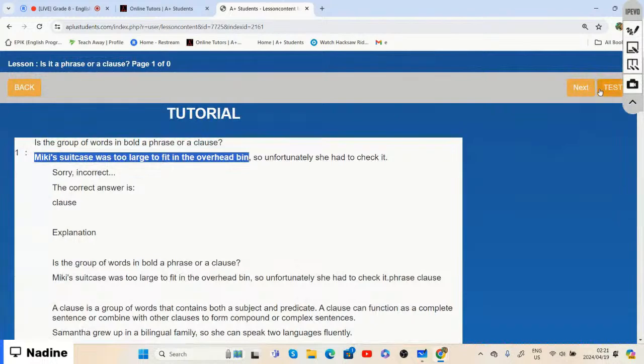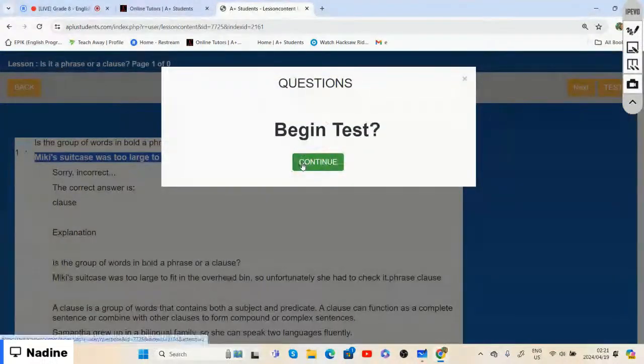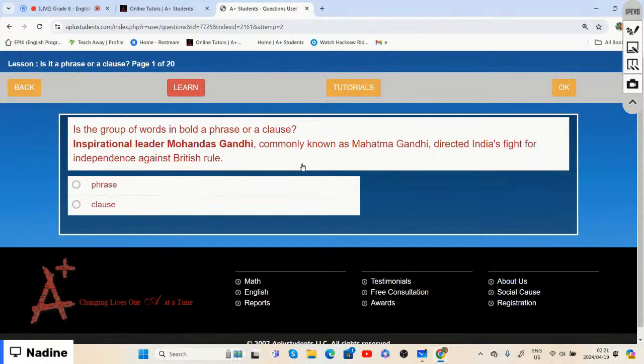All right, let's go to our test, where we're going to answer, is it a phrase or is it a clause? It says, inspirational leader Mohandas Gandhi, commonly known as Mahatma Gandhi, directed India's fight for independence against British rule. We need to say if that is a phrase or if it's a clause.